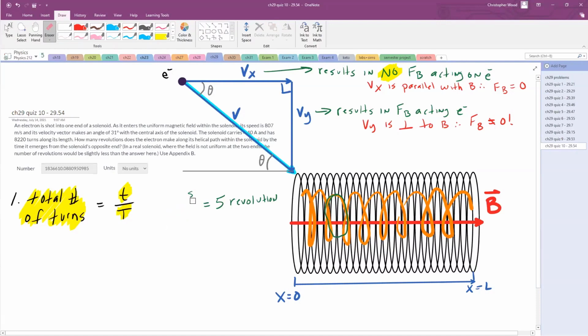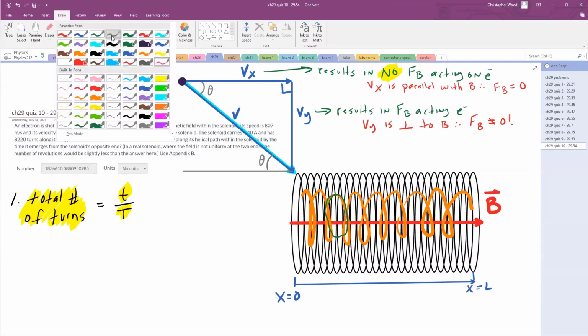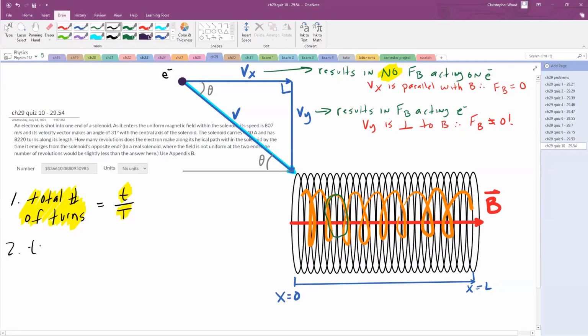All right, so now let's figure all this out. What's little t? Little t equals the time required for the electron to travel from 0 to L. And we can get that with very simple kinematics.